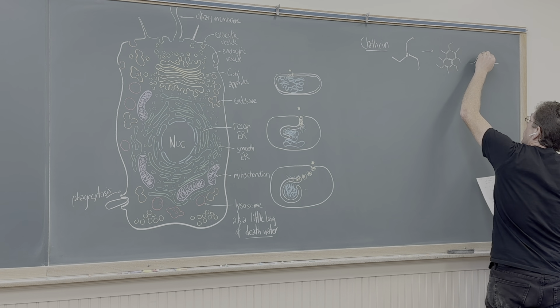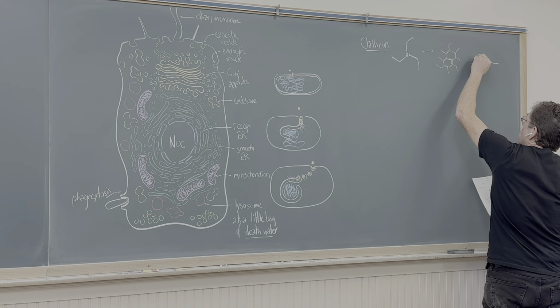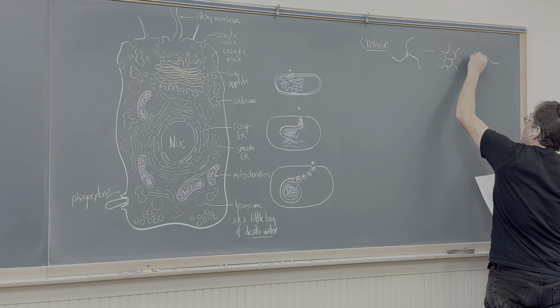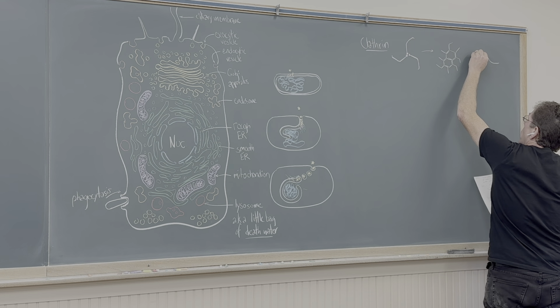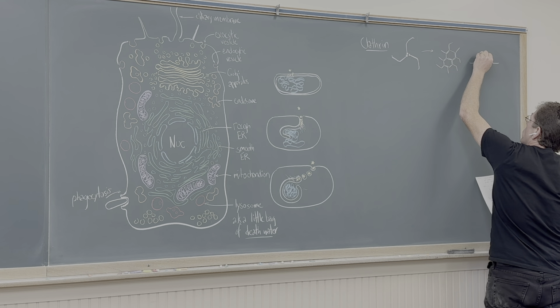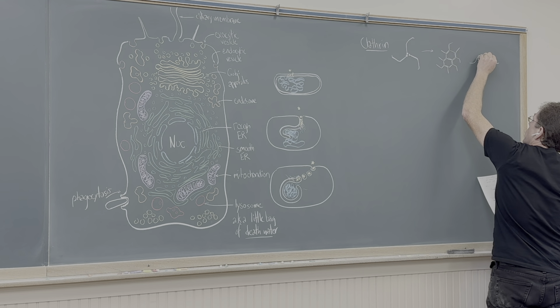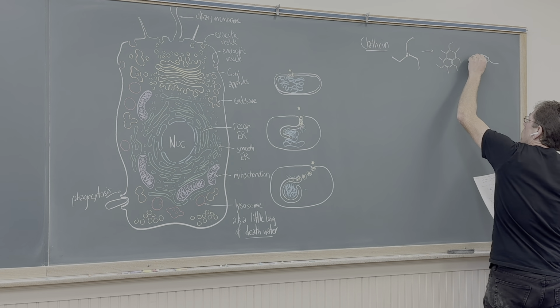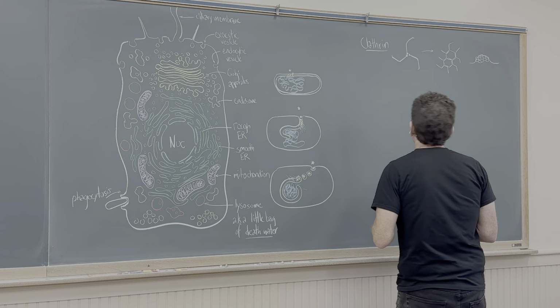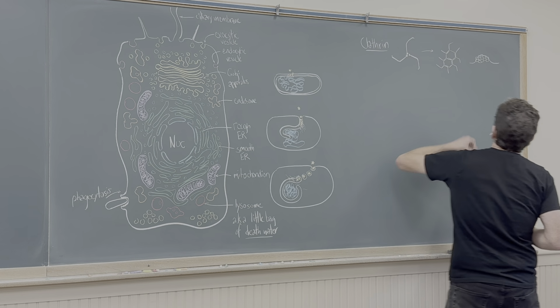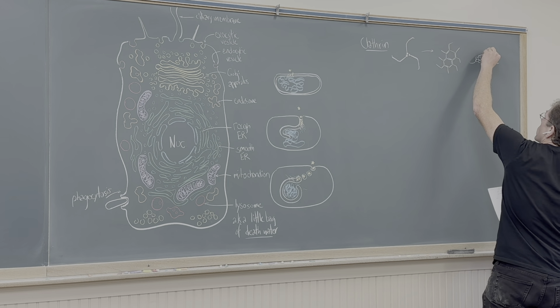My artistry isn't good enough to draw it as it would really look, but imagine this cage progressively assembling on a patch of membrane, and as it assembles, it's pulling it into a bud. Clathrin will dome it up just fine, but it won't pinch it off.